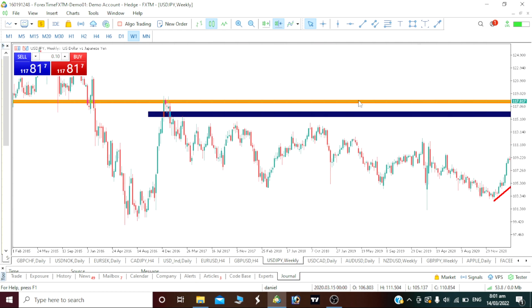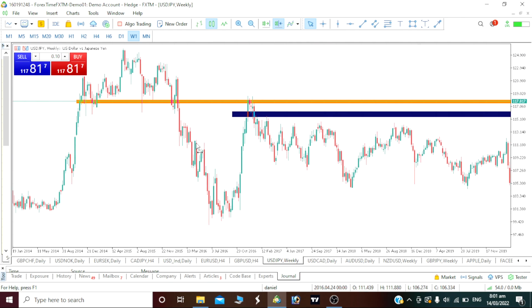On our USDJPY, our USD is bullish and our JPY is bearish. So we would still see some movements probably to around this area here, at least before we can say we would want to see some change of structure or change in movement.